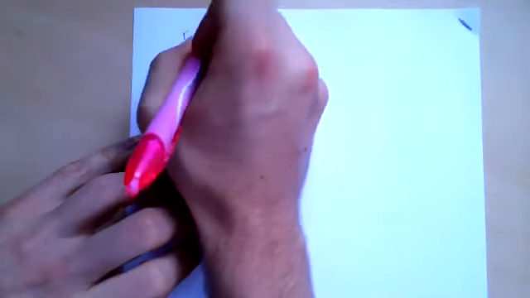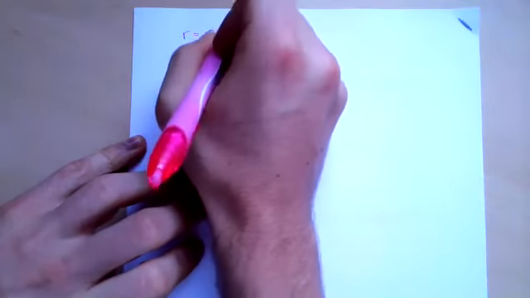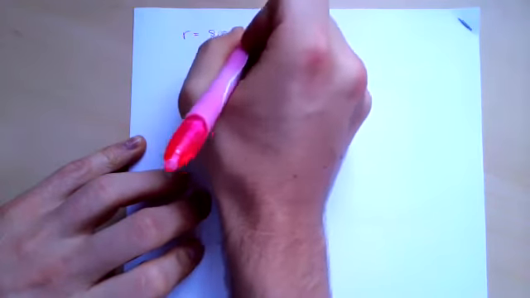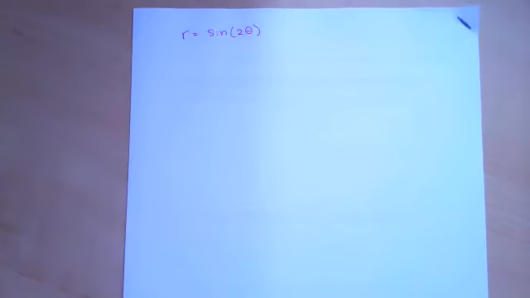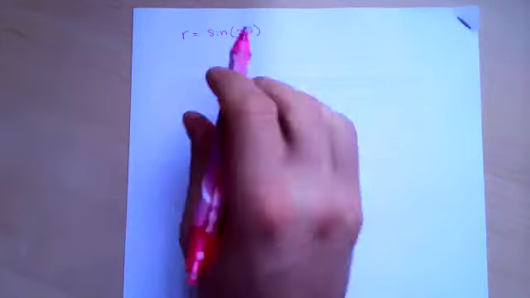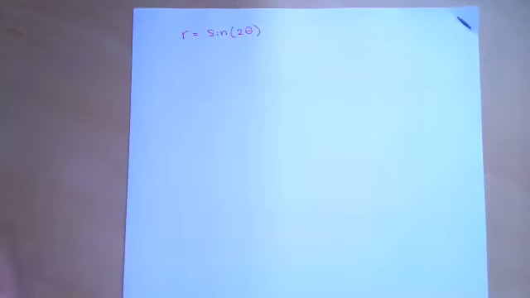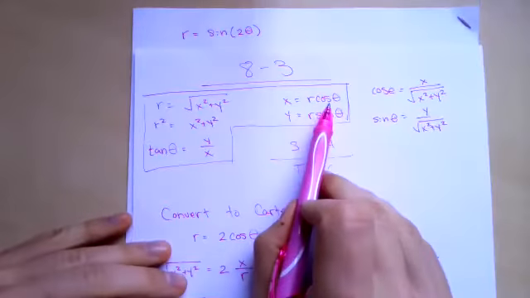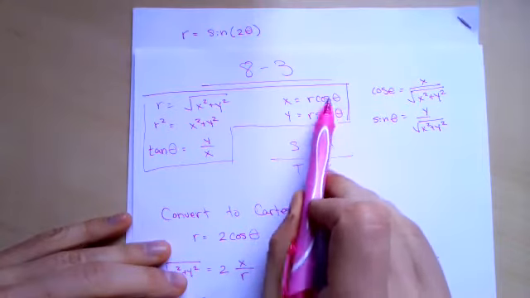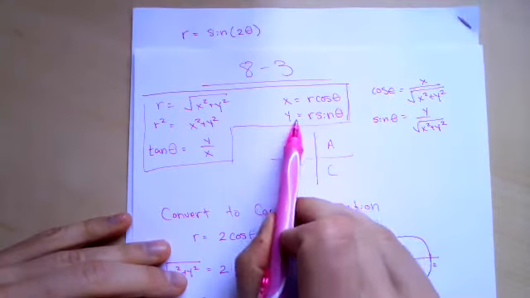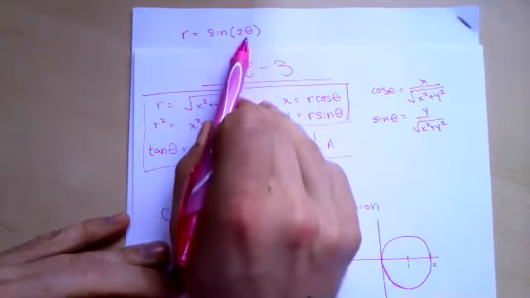Like if I have r is equal to sine of 2 theta, be careful because we can't replace sine of 2 theta directly with x's and y's like we did with these last equations. It's only theta. x is r cosine theta and y is r sine theta.